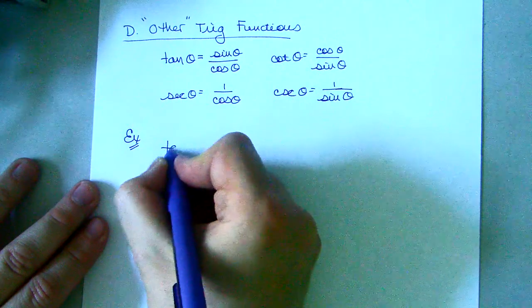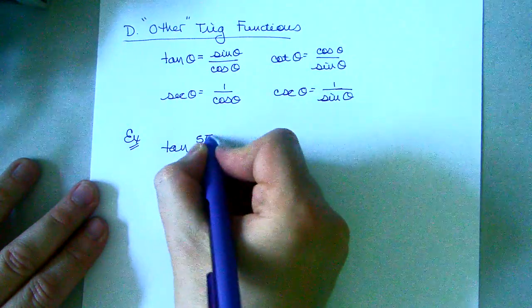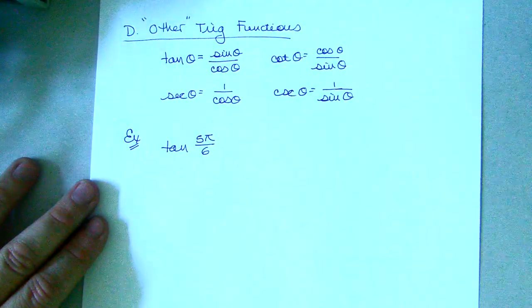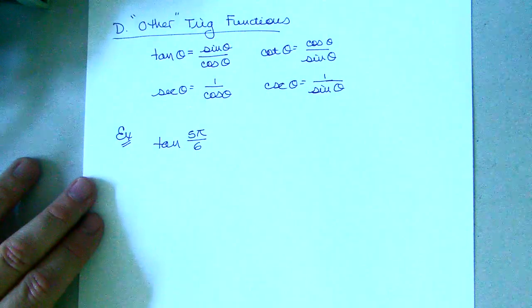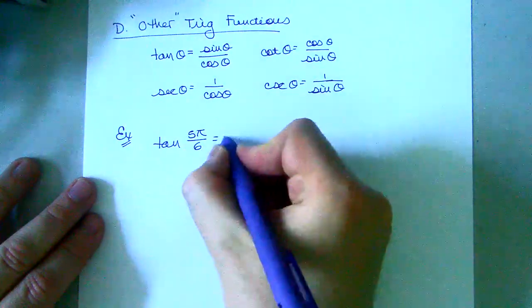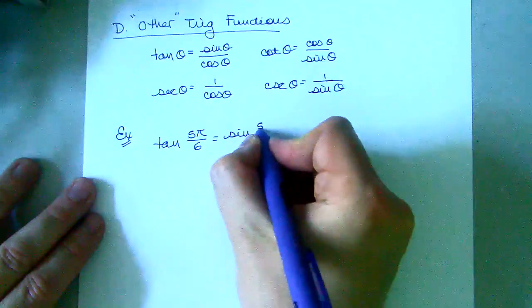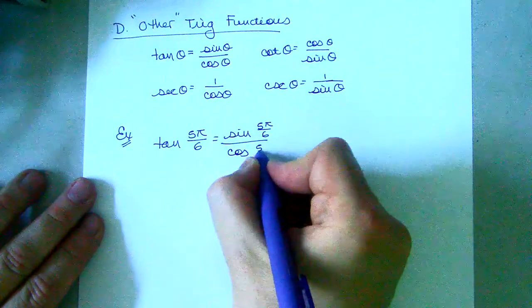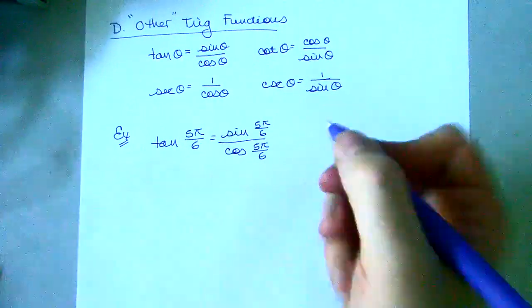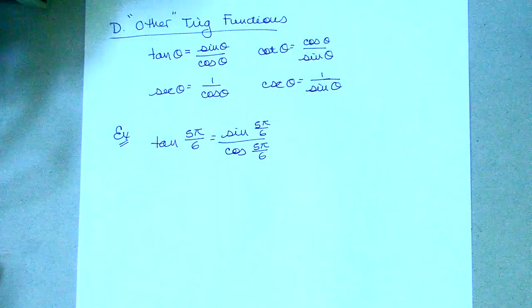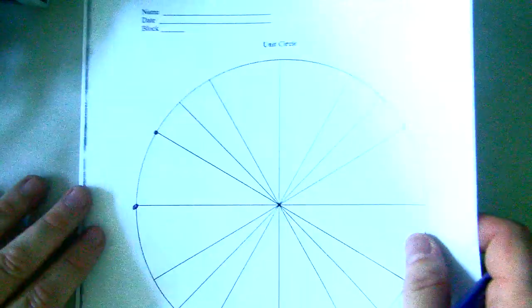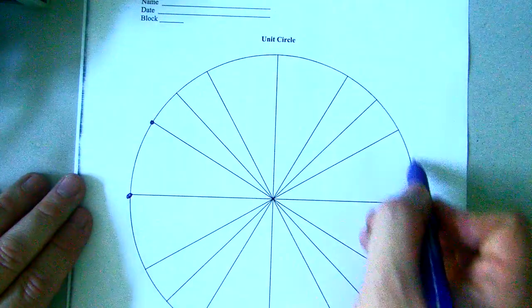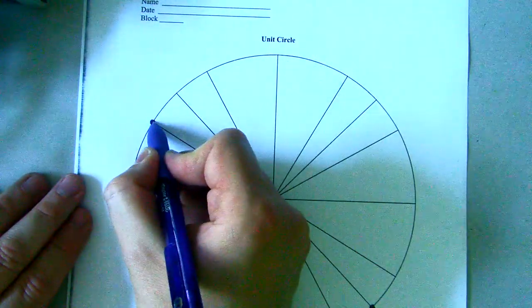First one, I want to do the tangent of 5π/6. Well, the tangent is the sine over the cosine, so let's do the sine of 5π/6 over the cosine of 5π/6. And we then go to our unit circle. 5π/6, that's the angle over here.